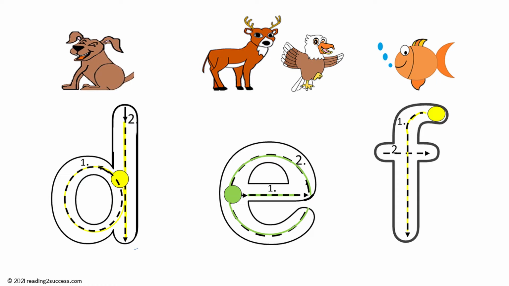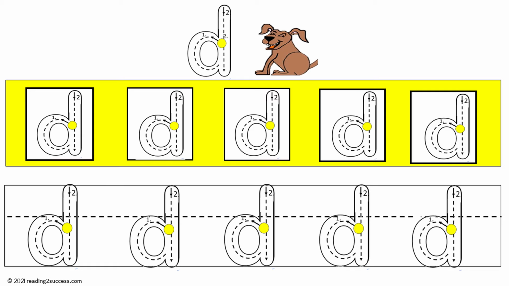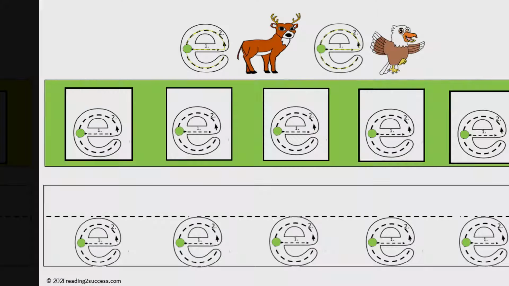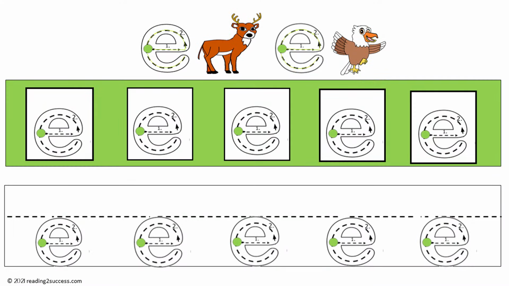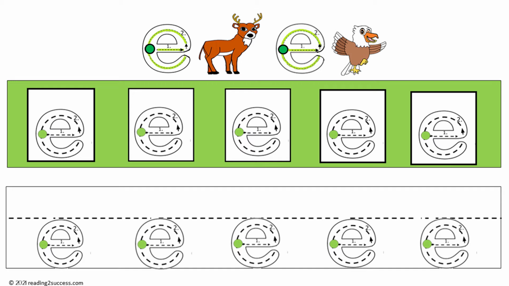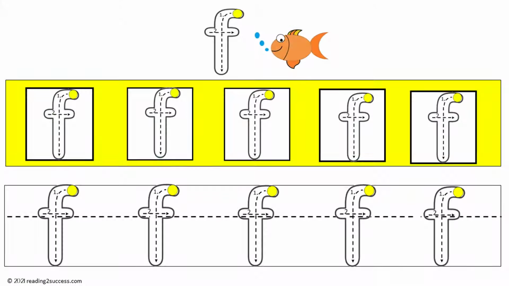Next we have the F, start at the yellow dot and continue to the end. Then go to the 2 and follow the line across. Now have kids complete the practice page for the letter D, the letter E, and the letter F.